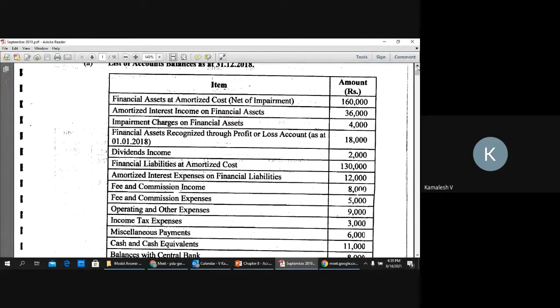Once we reach that place, you will come to know what all these terms are. Some of them are known to you, like cash and cash equivalents and balances with central bank. But there are some specific terms coming from an accounting standard. The standard is SLFRS 9, which we will learn towards the latter part of our module.